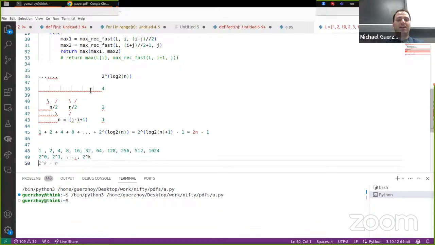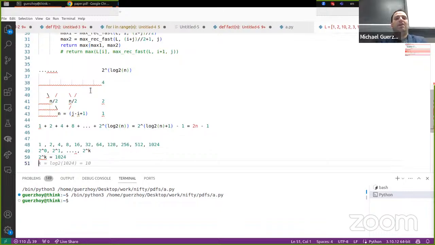I'm basically asking what's k if 2 to the k is 1024. The only thing is I'm going backwards usually, starting with n and going down to 1 rather than starting from 1 and going up to n, but that's the same.